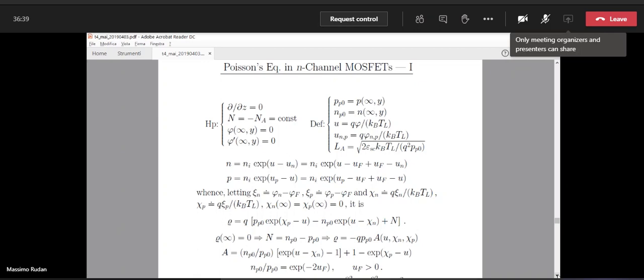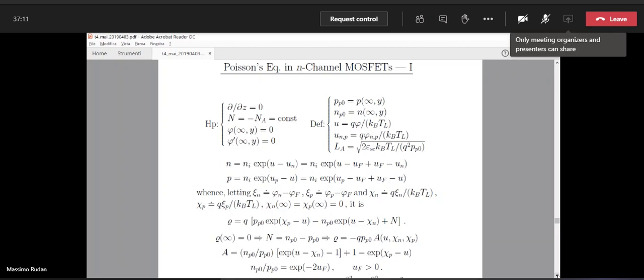So phi n and phi p, and similarly chi n and chi p near the interface, do not depend on x, they depend only on y. In the bulk, they may depend, or actually they do depend also on x. But this doesn't matter because we consider them only near the surface where we have the current of the transistor, okay?